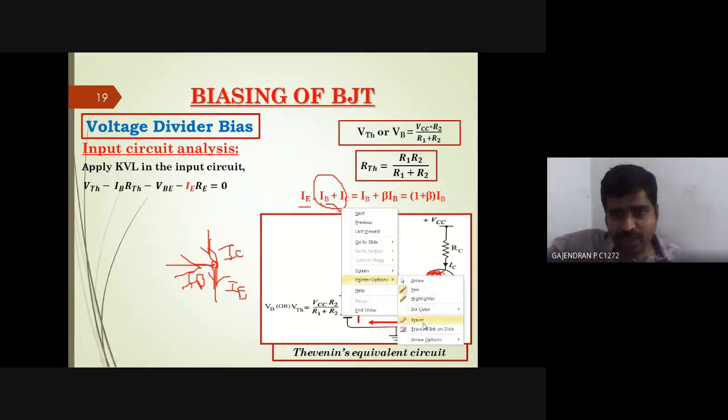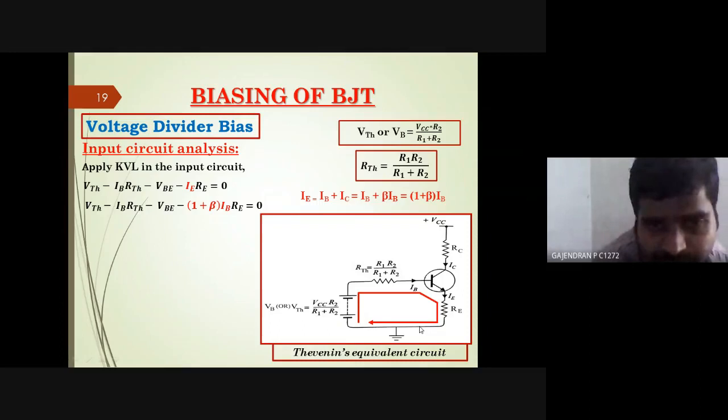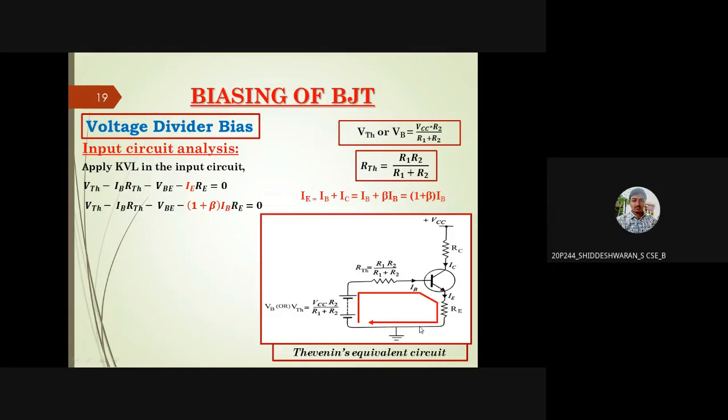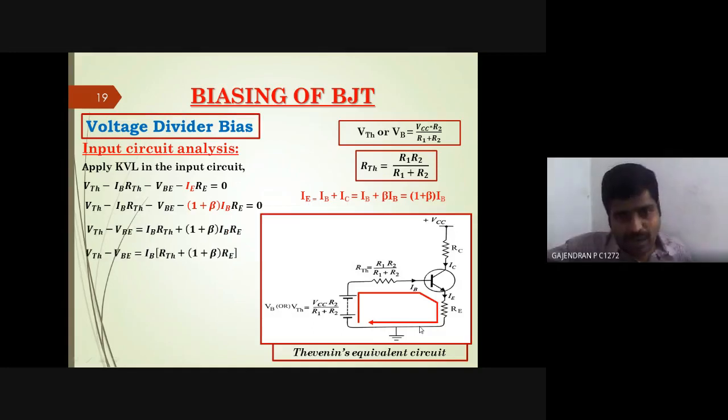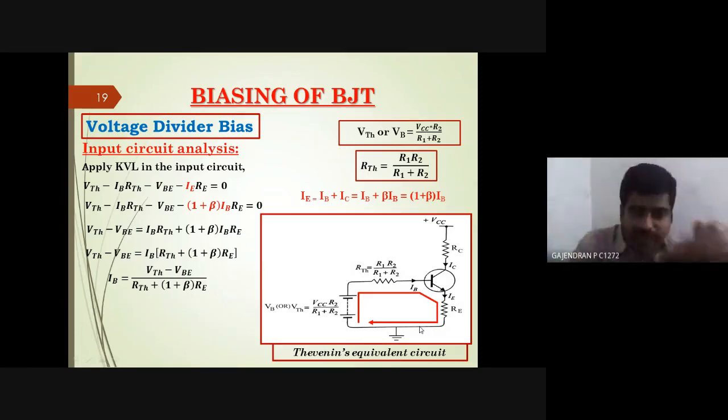So if you substitute, your equation will become like this. Am I correct, sir? Yes, sir. If I further substitute, I will get this. Our intention is to get the base current.